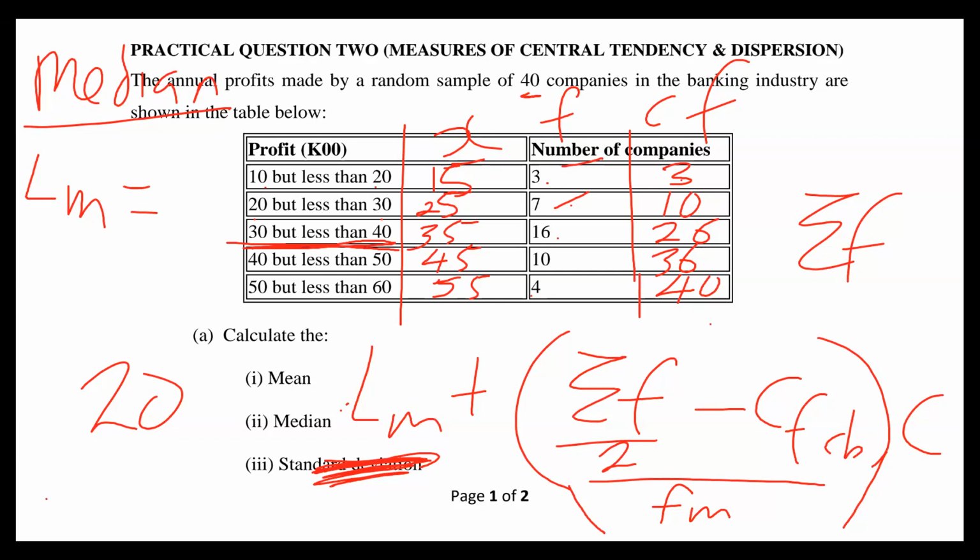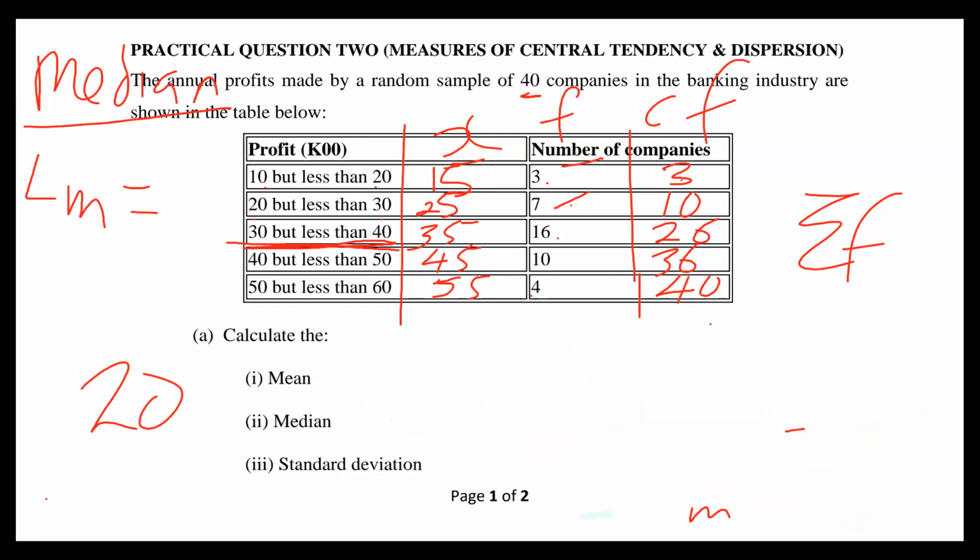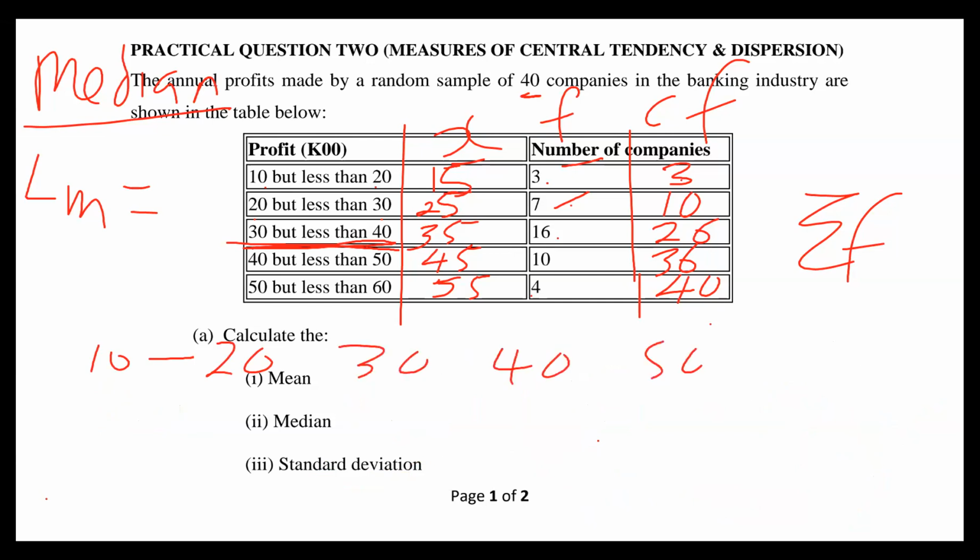All right. So to get the median class, the easiest thing you can do, so that you don't get confused, is to relate this to 20, then from 20 to 30, 40, 50, and 60.